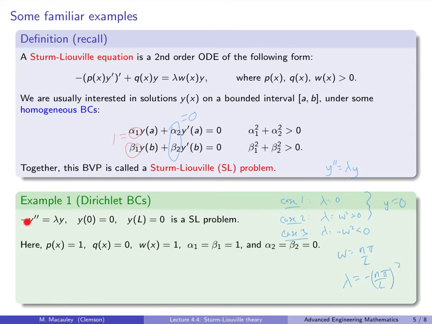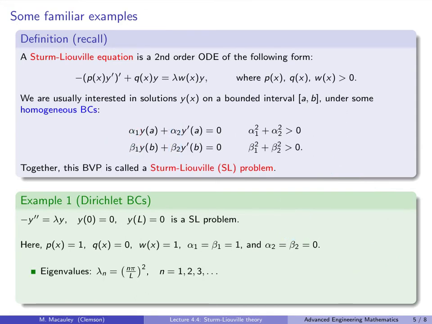Because of this negative sign, if you prefer, that makes case 2 negative and case 3 positive. And so as before, omega is n pi over L, just now the eigenvalue lambda is positive.